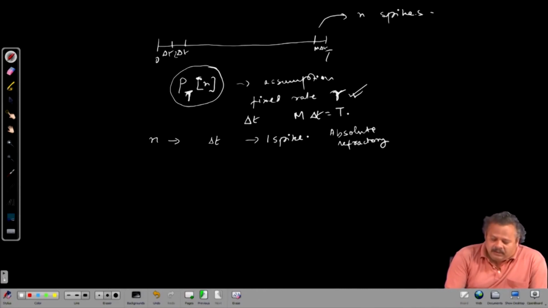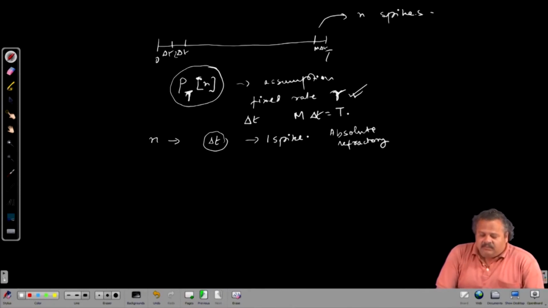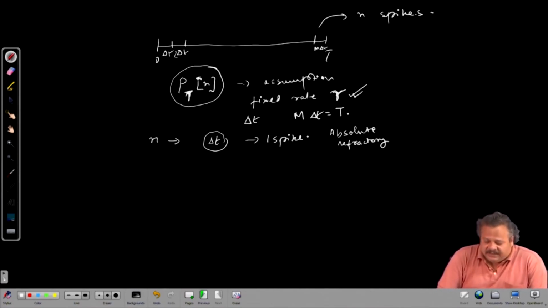Theoretically, we can also think of delta T going to a very small value, not necessarily limited to 1 millisecond. Since spikes are events in time, and do not have any size or extent over time, we need to put these n spikes in the M delta T time windows.